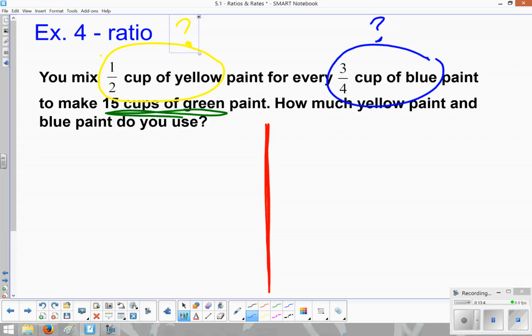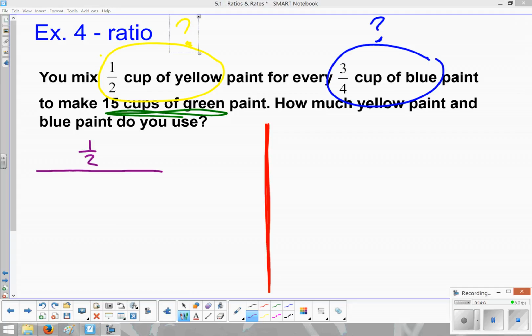So it seems like you use a half a cup of yellow. So half a cup of yellow paint for every 3/4 cup of blue paint. So half a cup of yellow gives you, oh, I'm sorry. Let me say this one more time.